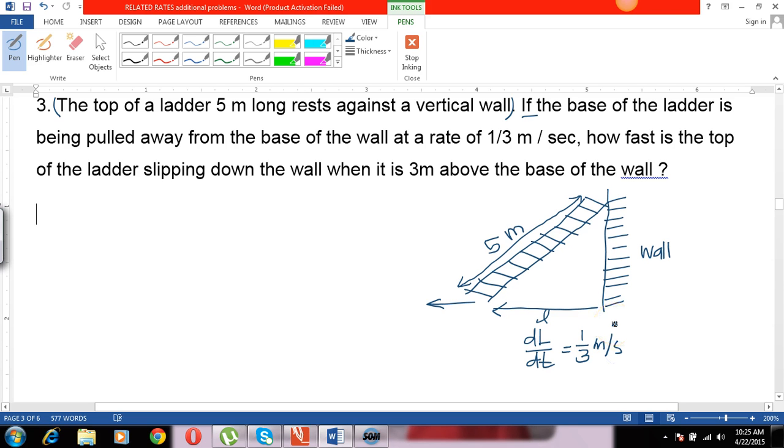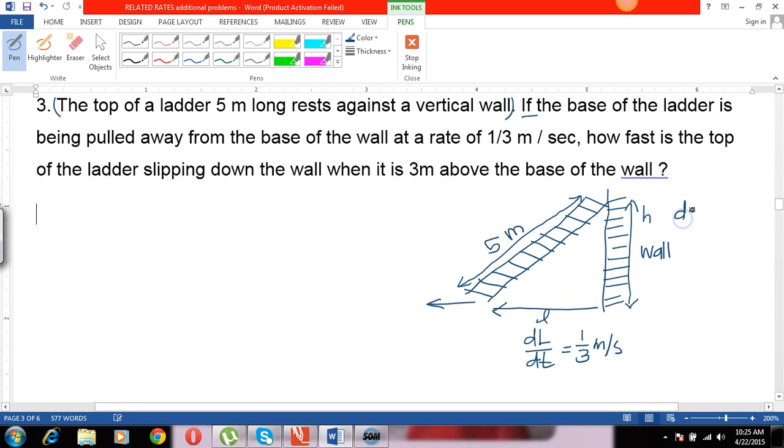Then they ask you, how fast is the top of the ladder slipping down the wall when it is 3 meter above the base of the wall? The top of the ladder is slipping down the wall to the base, so they ask you, for example, this is the height.